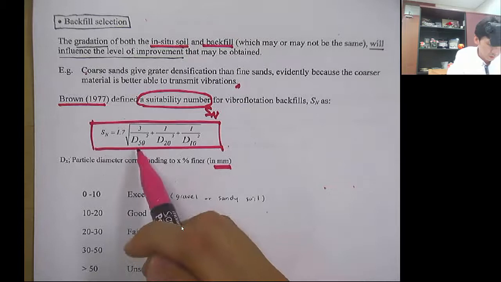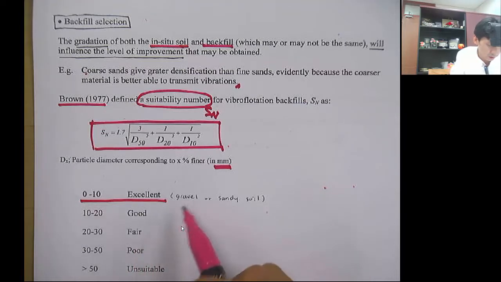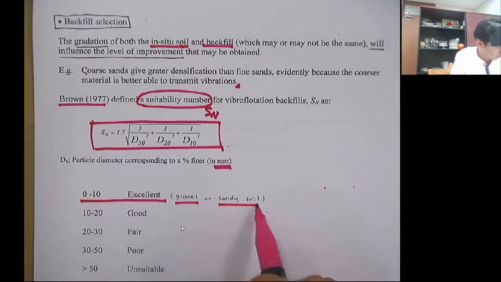Sn doesn't have a dimension, so you have to be careful when you put the numbers in. D50, D20 and D10 give you the Sn, and as the Sn gets smaller, the suitability is better. So 0 to 10 is excellent, gravel or sandy soil, and larger than 50, the backfill material is not suitable for this vibro compaction.